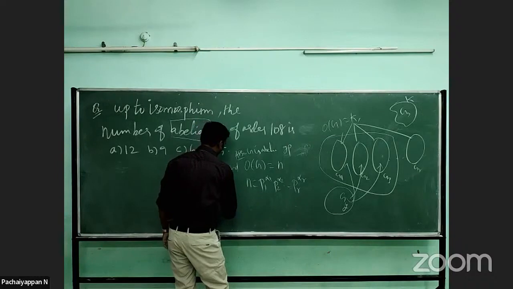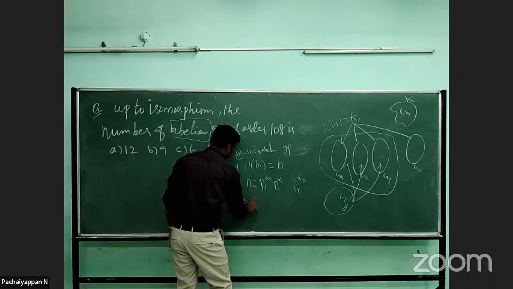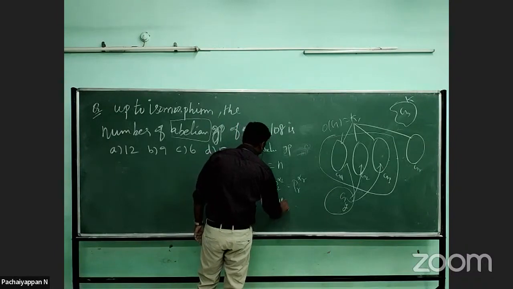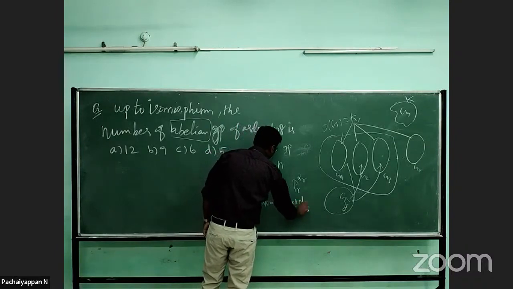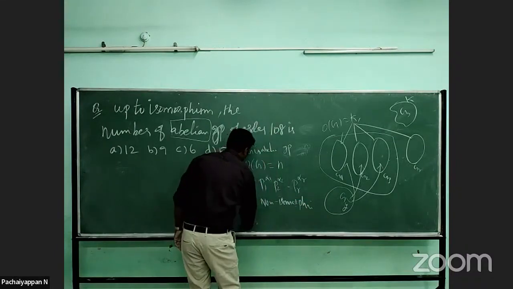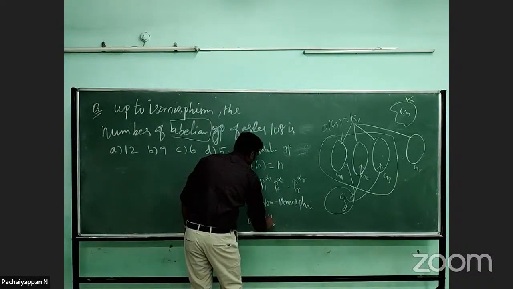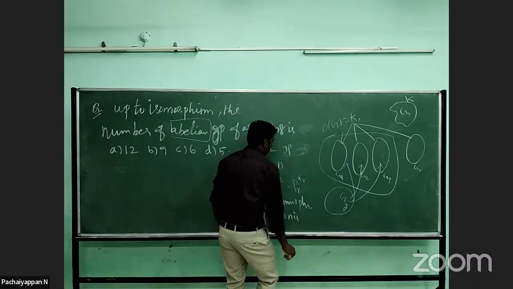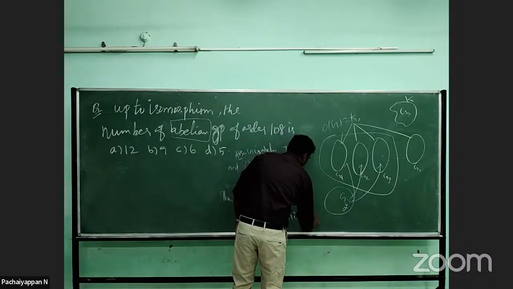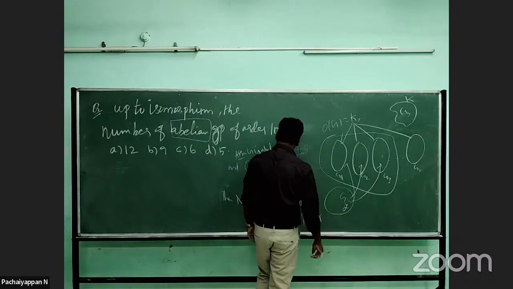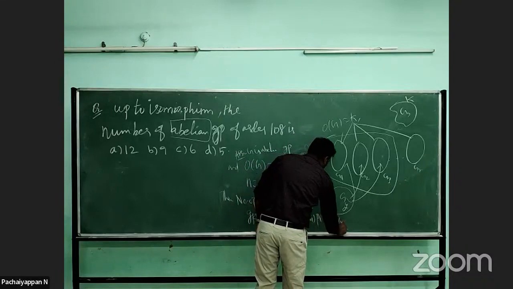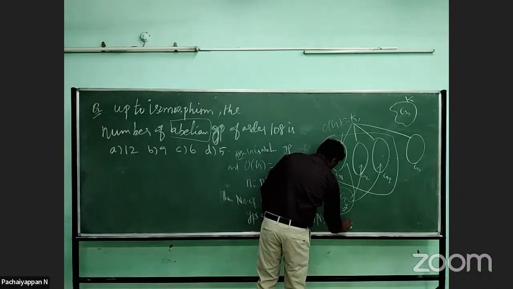Then the number of non-isomorphic groups of order n is the partition of alpha 1, the partition of alpha 2, and so on, the partition of alpha r.